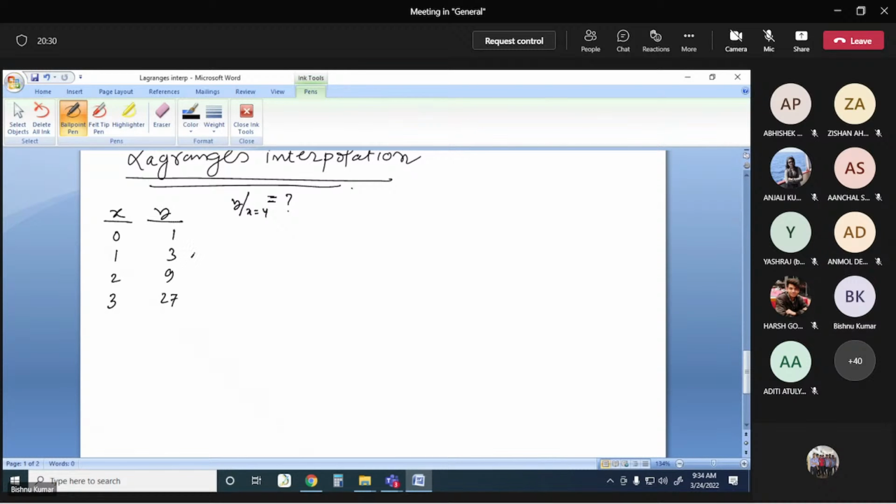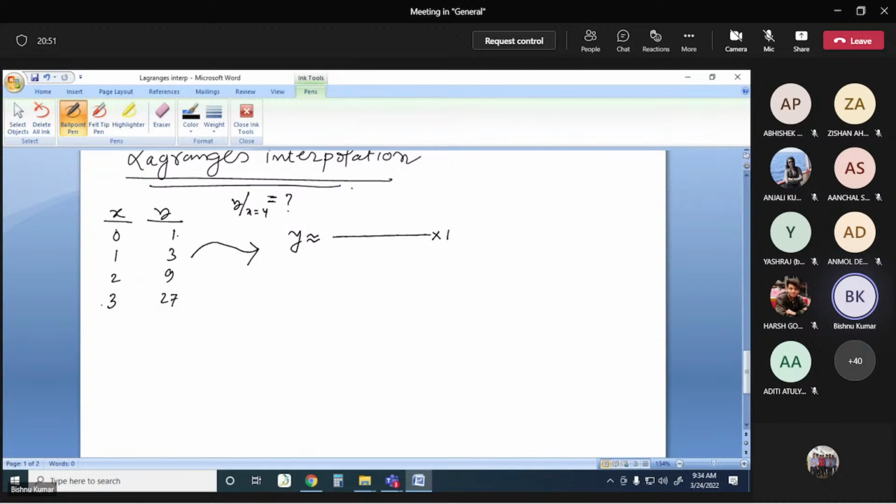Now let me ask you to construct the polynomial y approximately a function of x. What will be the first term? In the first term, I multiply by the corresponding first y value, 1. What will be the numerator?